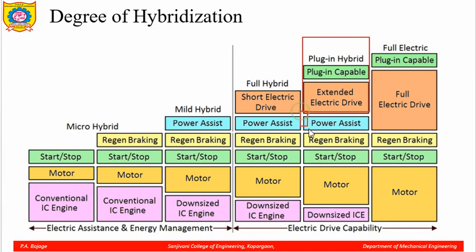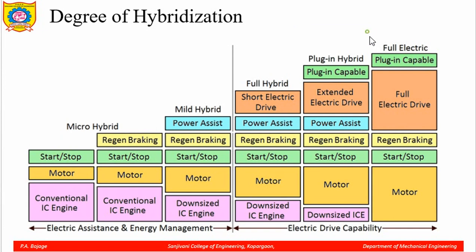It also has a regenerative braking, a powerful motor, and a downsized engine, but here the capacity of the engine is quite low. So when needed, the engine can start and produce power and drive the motors. So this comes under the category of plug-in hybrids.